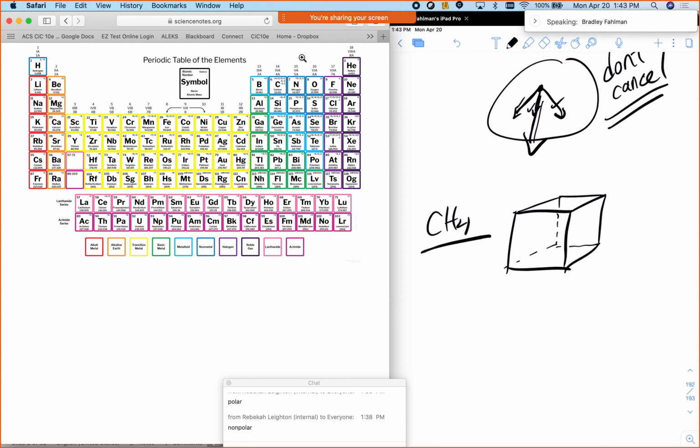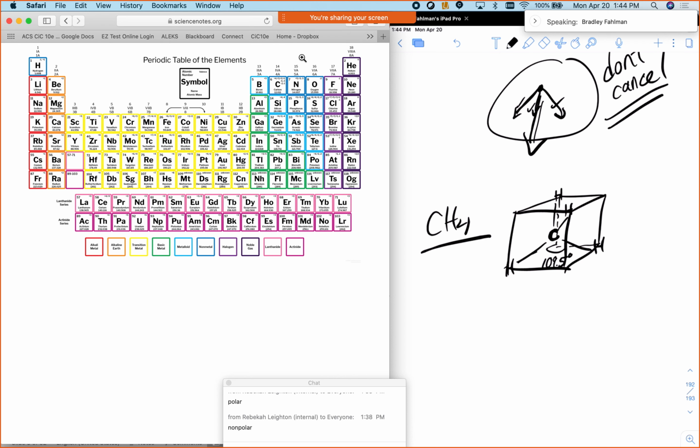If I have carbon right in the middle, and our hydrogens are along those corners and these corners, opposite corners, that would be a tetrahedron. These angles are about 109.5 degrees.